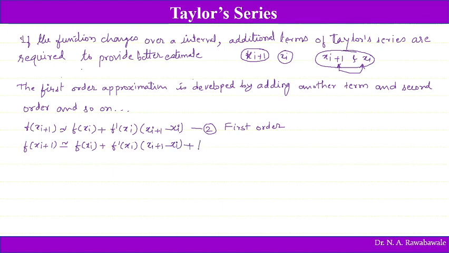Adding to this, f double dash of xi divided by 2 factorial times xi plus 1 minus xi squared. We call this the third equation, which is the second order polynomial. And so on.